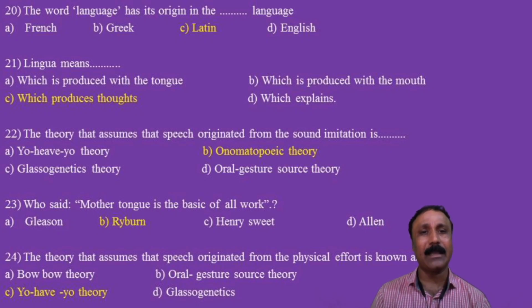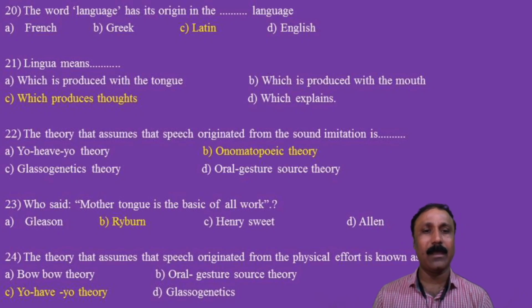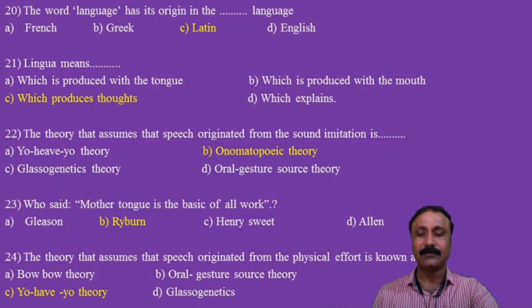The theory that assumes that speech originated from sound imitation is the onomatopoeic theory. Who said mother tongue is the basis of all work? That is Rayburn. The theory that assumes that speech originated from physical effort is known as the yo-he-ho theory.